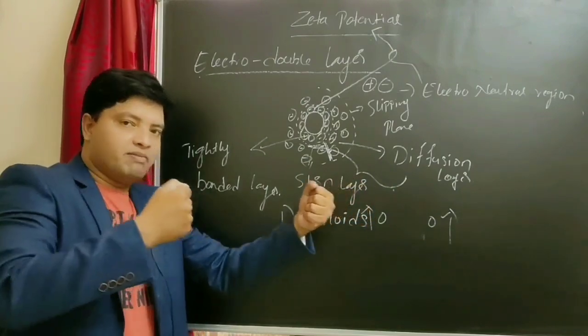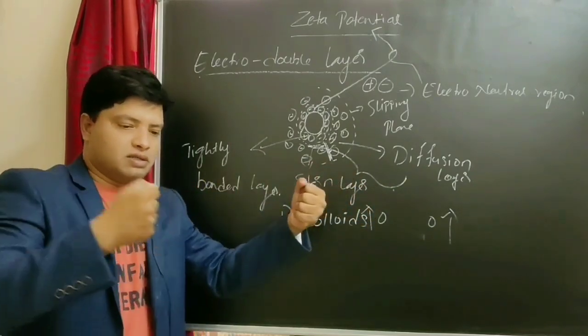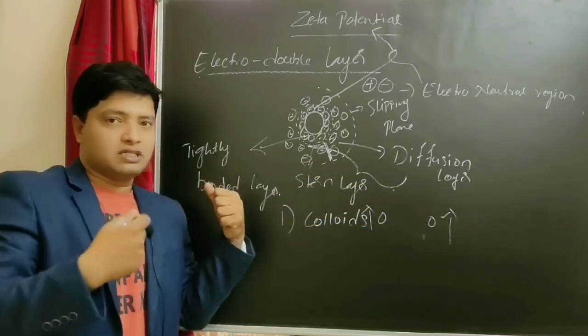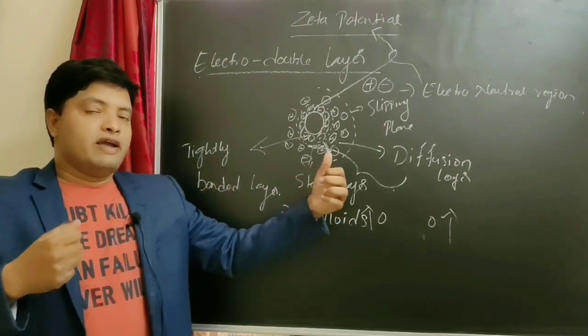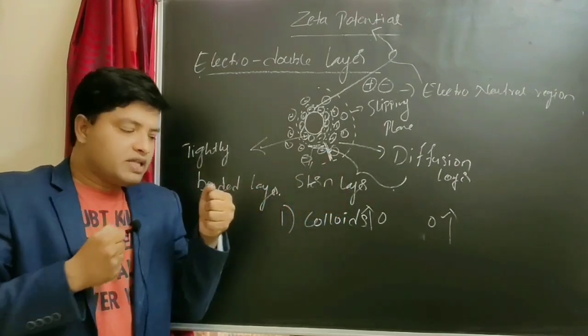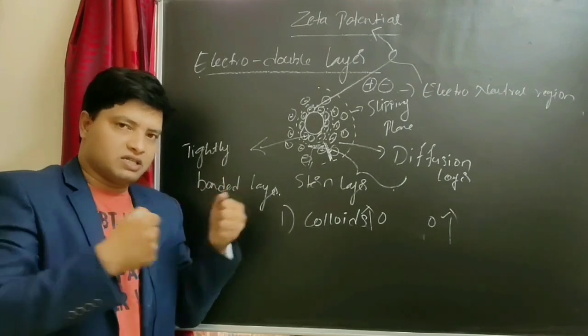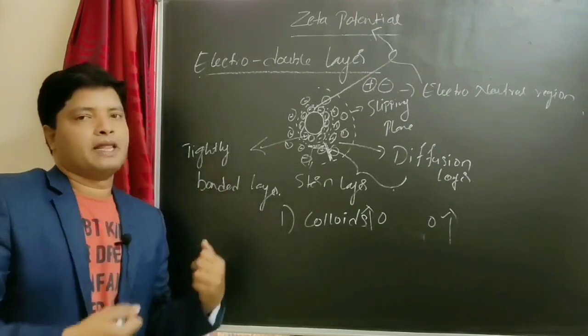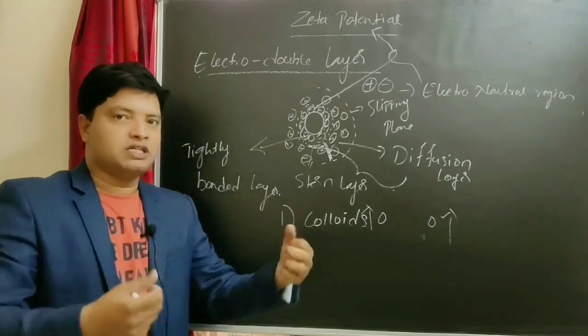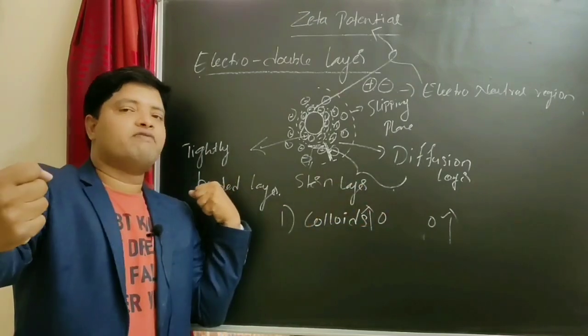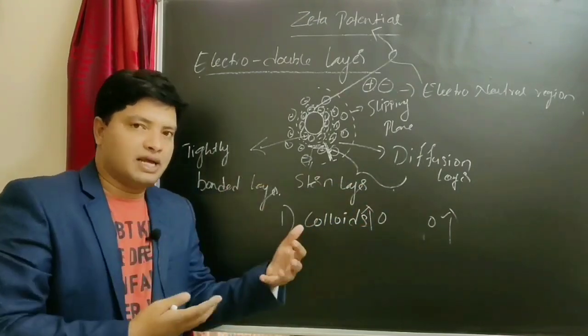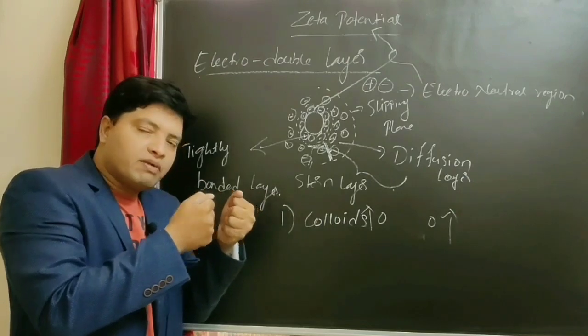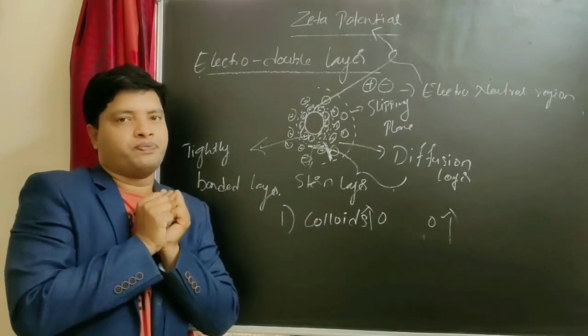They will repel from a far away distance. The distance of repelling will be more. If the zeta potential is less, what happens? They will repel from a shorter distance. The distance of repelling will be less. If the zeta potential is more, two particles will repel from a far distance. If the zeta potential is less, two particles will repel from a shorter distance.